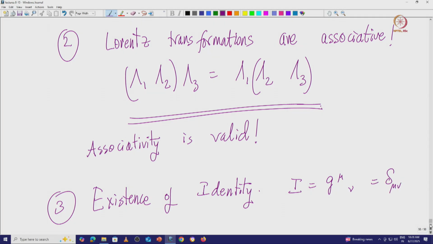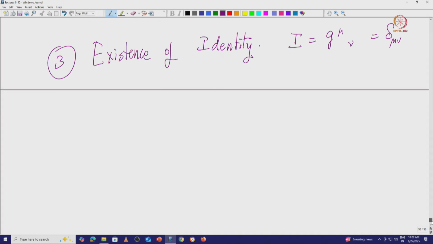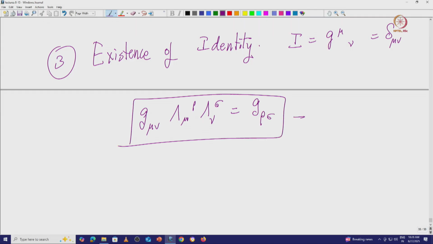It's obvious because if you have the condition that g mu nu lambda mu rho lambda nu sigma is equal to g rho sigma, or we wrote this particular thing as lambda g lambda transpose is equal to g, when lambda is equal to I, this is always obvious.